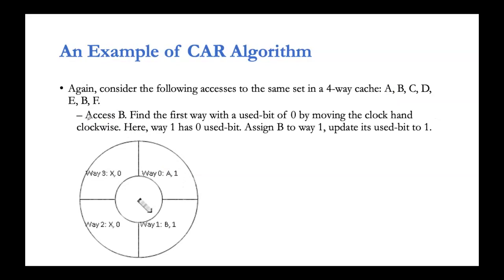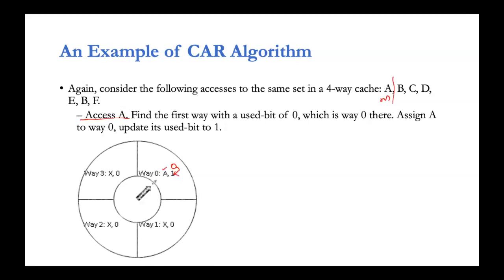Similarly, to access B, as soon as cache line A is fetched from main memory, loaded into the cache, and its used bit set to 1, the clock handle automatically advances to the next way, that is way 1. In way 1, the used bit is 0, and there is no data.